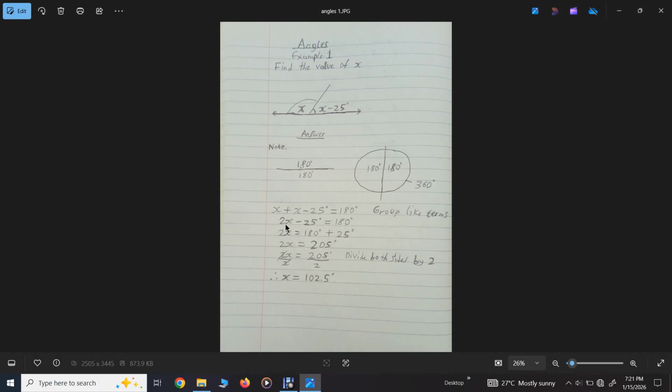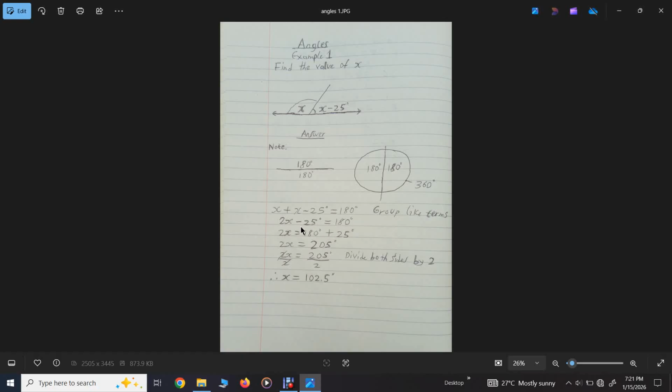Now, we group like terms. We let the algebraic term stay at the left hand side and we let the constant terms stay at the right hand side. So therefore we send this constant term, 25 degrees, to the right hand side of the equal sign.